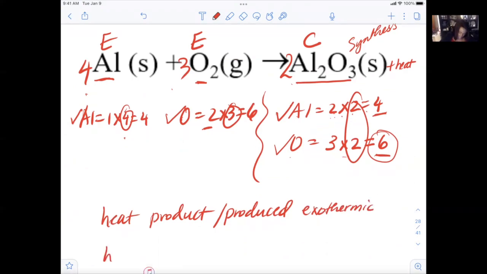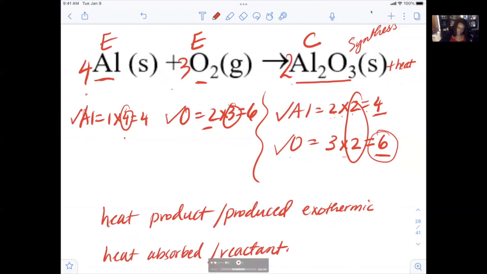And then heat absorbed, reactant. Okay. It took me a while to get the gist of that. So if heat is absorbed, it's going to be on the reactant side. If you put heat right here, it's going to be absorbed. So that will be endothermic, where heat is required for the chemical reaction.